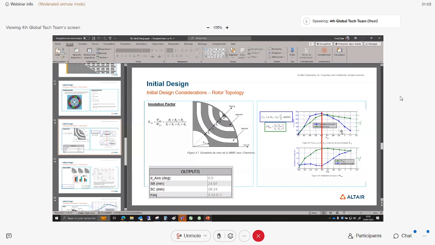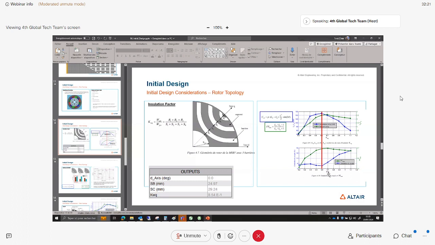So here we have the torque and the power factor, and then the undulation of the torque. We want to maximize the torque, minimize the undulation of the torque, and maximize the power factor. So this is where we have this good compromise.